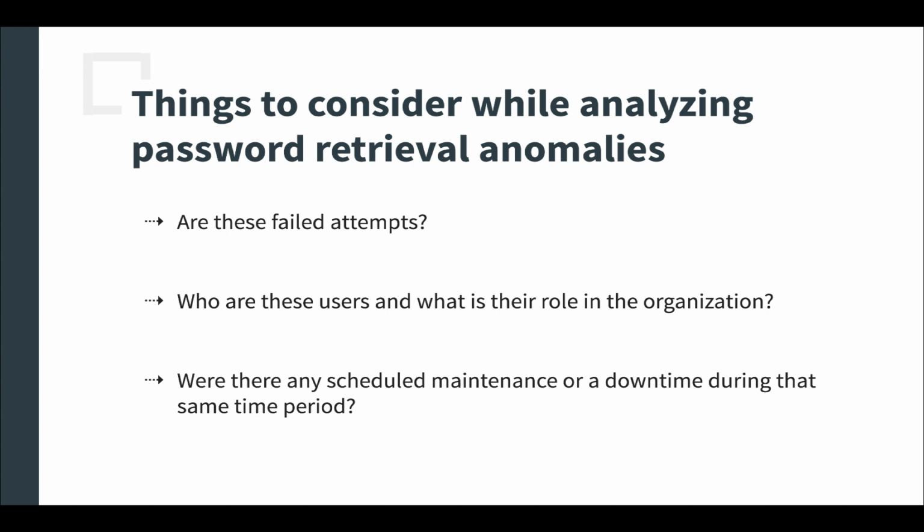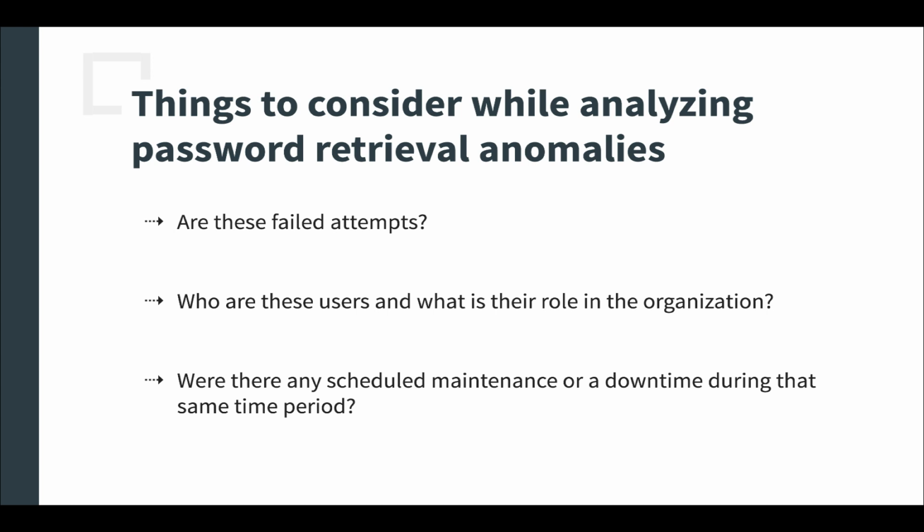You should also find out who are the different users who have accessed those accounts and what is their role in the organization. And another important thing to consider is whether a scheduled maintenance or a downtime happened on that particular day.